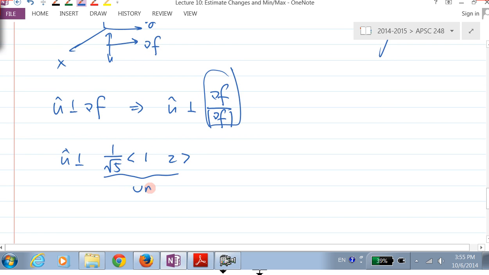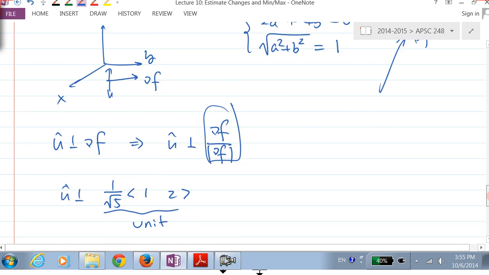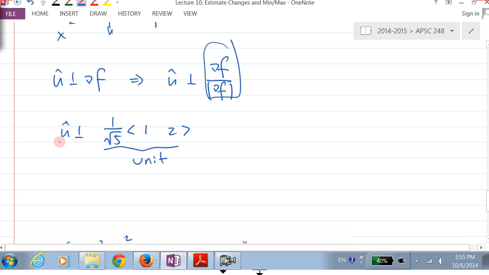What you need is to find A and B that satisfy the dot product equal to 0. So just by observation, 1 over root 5 times A plus 2 times B equals 0.